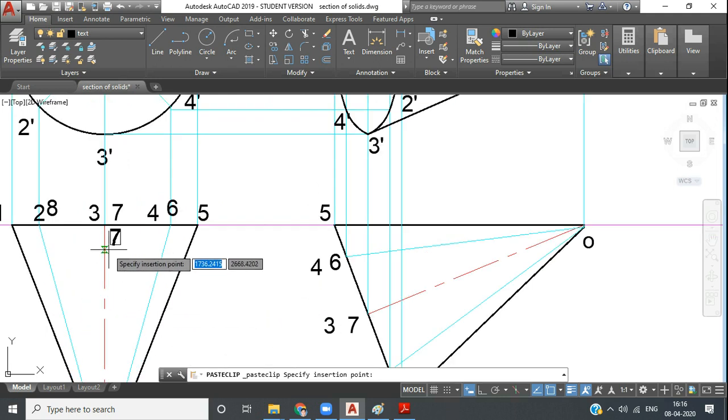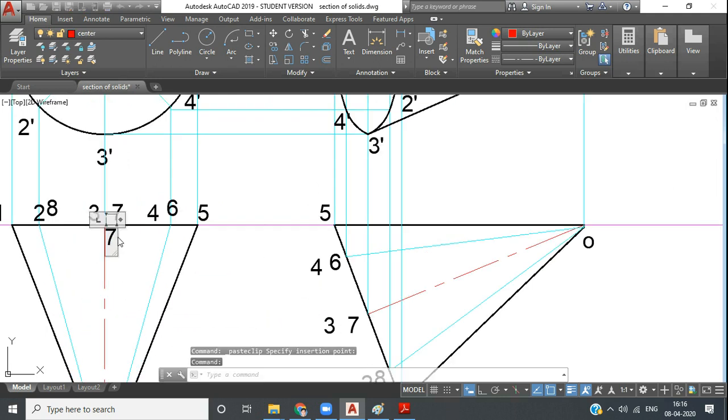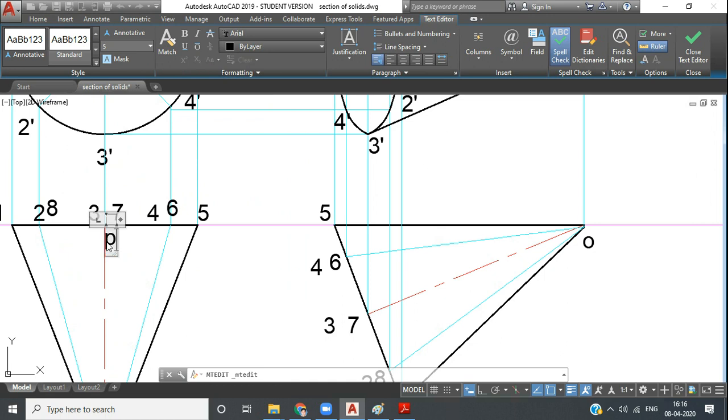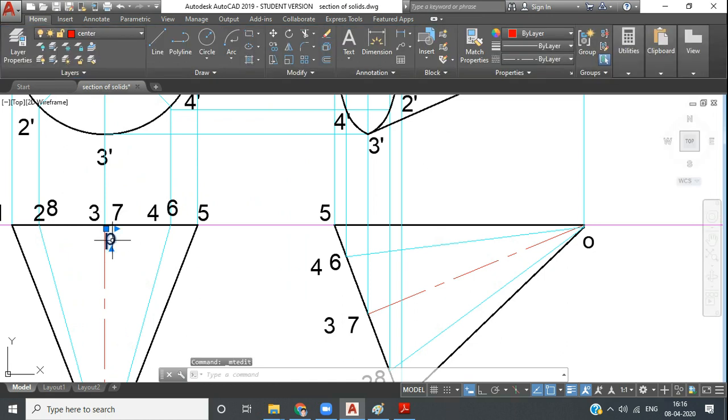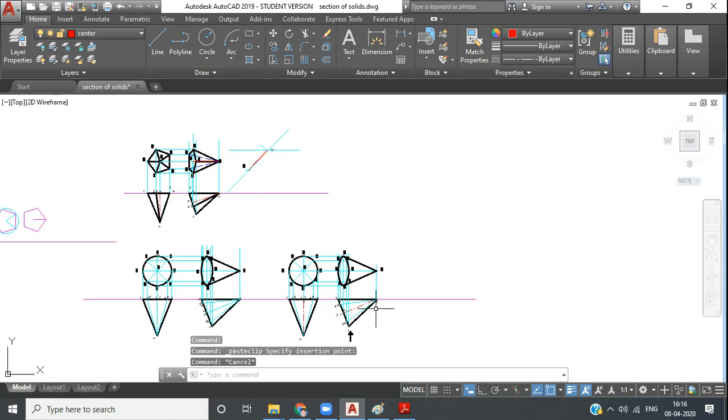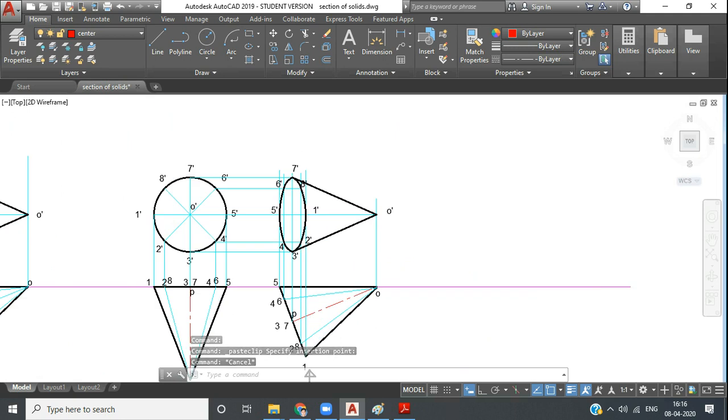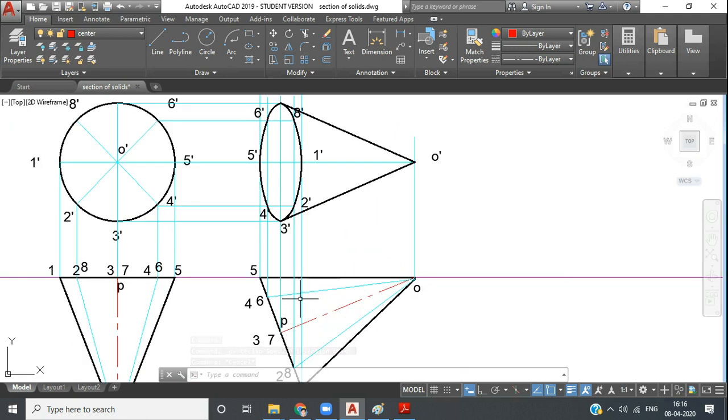Suppose this is P. This is P, this is also P, and now I will project P. P dash should come here in this numerical: O dash and P dash.